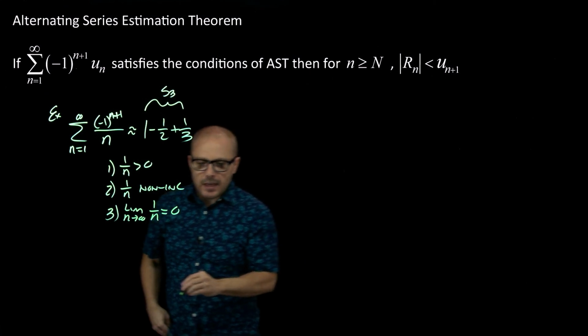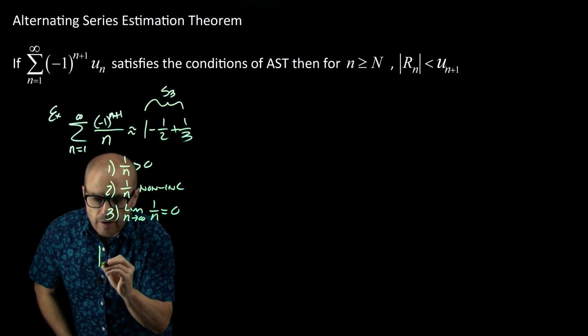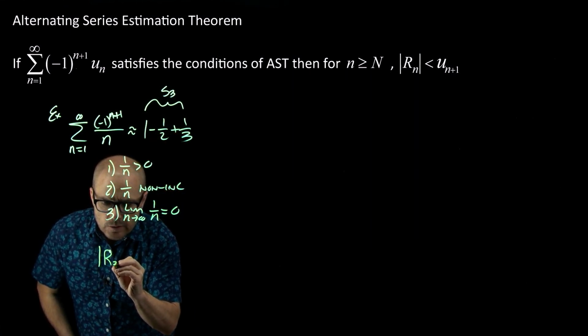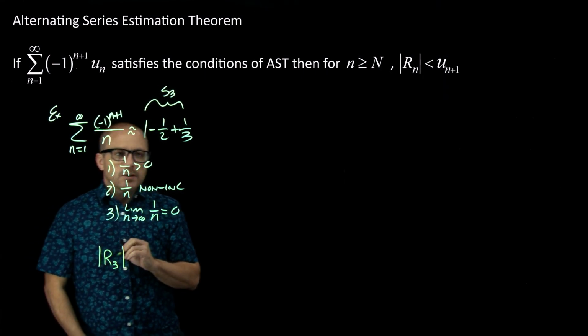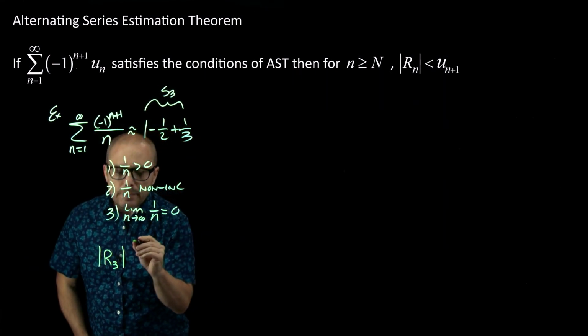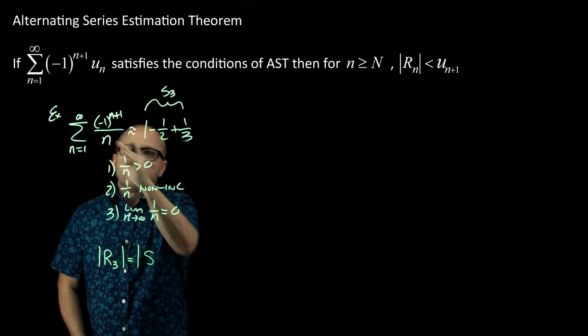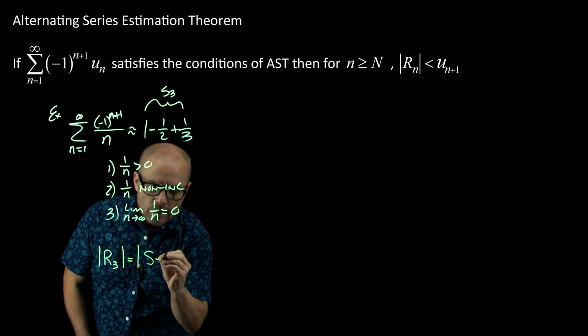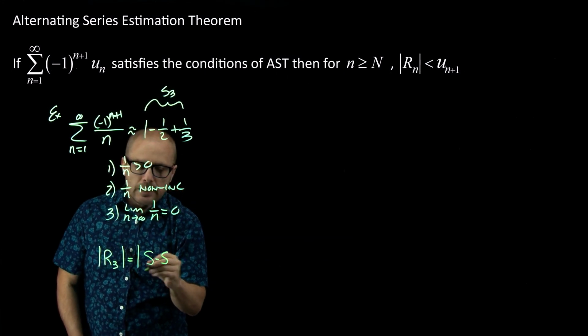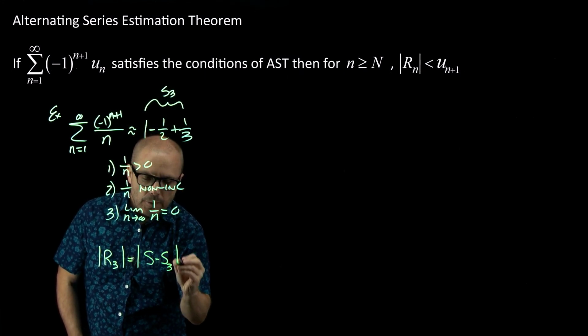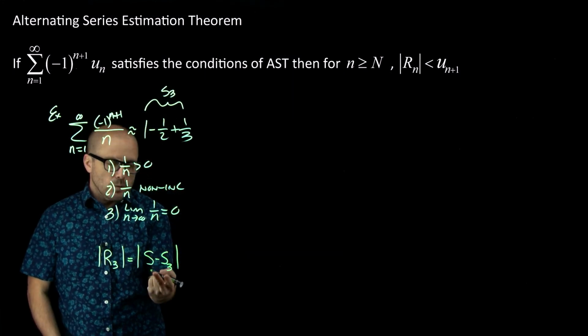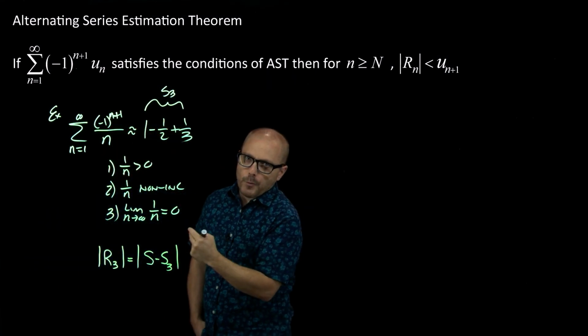So what it says then is that the magnitude of our error, the notation R sub 3, and remember what that means is whatever this infinite sum adds up to, the difference between it and this third partial sum that we're using. So again, think of that as the error magnitude.